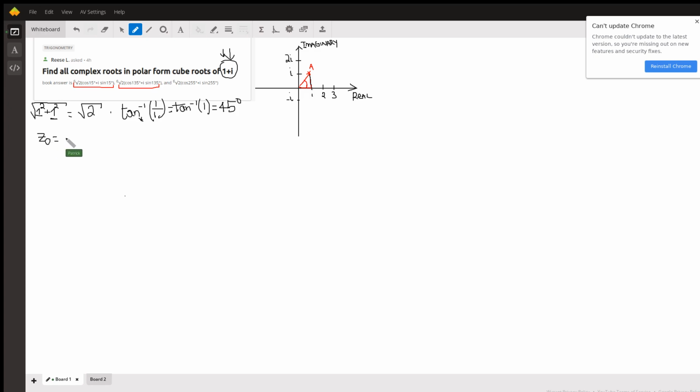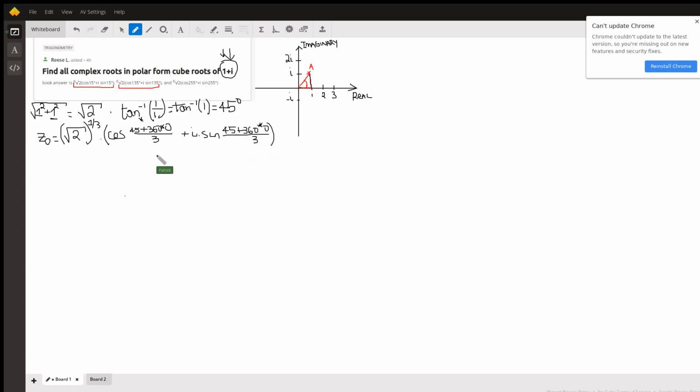So z0 will be the cube root of the square root of 2, meaning the square root of 2 to the 1/3, times cosine of 45 plus 360 times 0, over 3, and then we do the same thing for i sine of 45 plus 360 times 0 over 3.